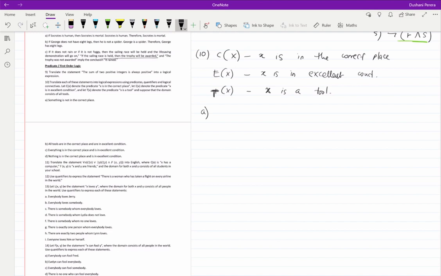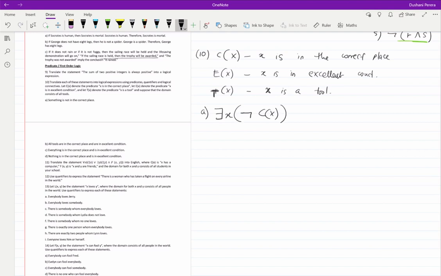It's only applicable for some. So this is how you symbolize some, as taught during the lecture. So there's some x which is not in the correct place. There's some tool which is not in the correct place.